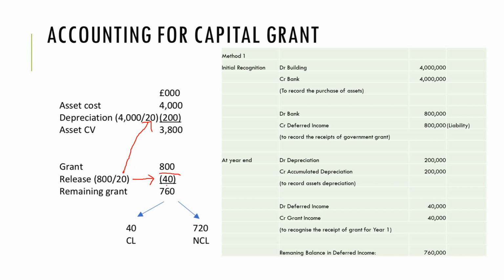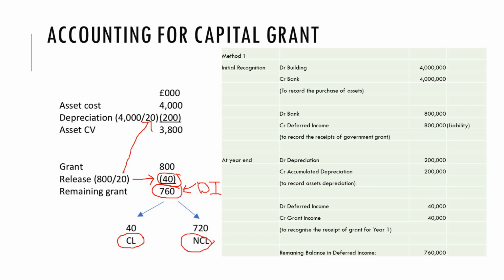Okay, so every year this is the grant income that they can recognize. So at the end of the first year, the remaining grant that this company still has will be part of the company's deferred income. Okay, so this deferred income has two classifications. 40,000 will be recognized under current liability and 720,000 will be recognized under non-current liability.